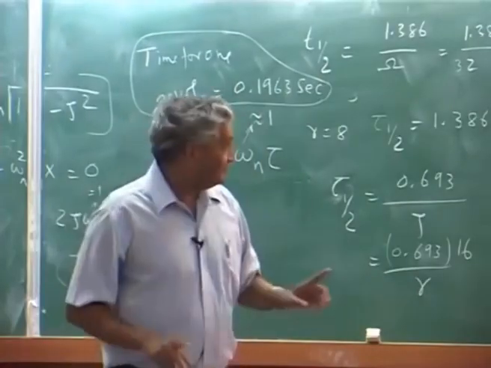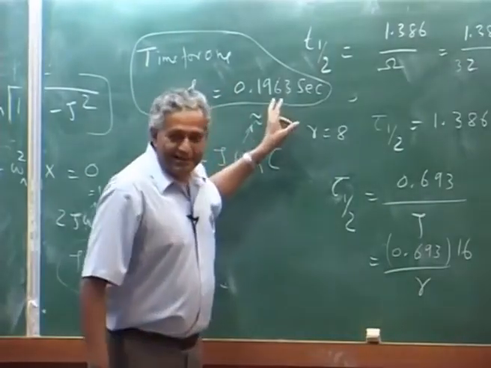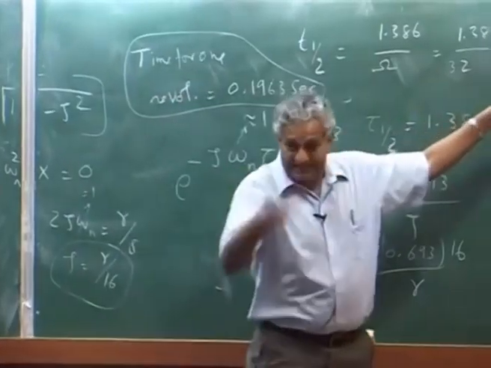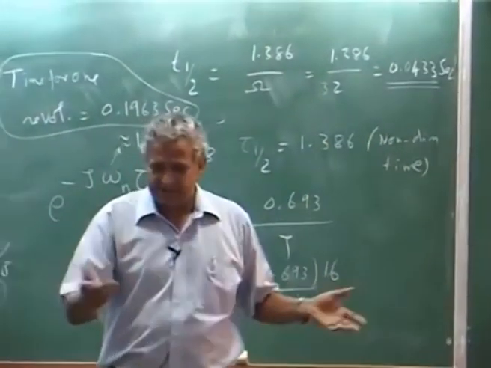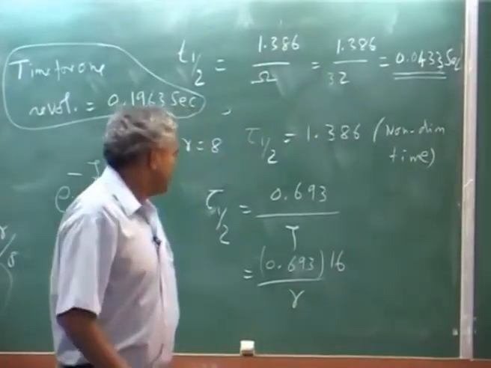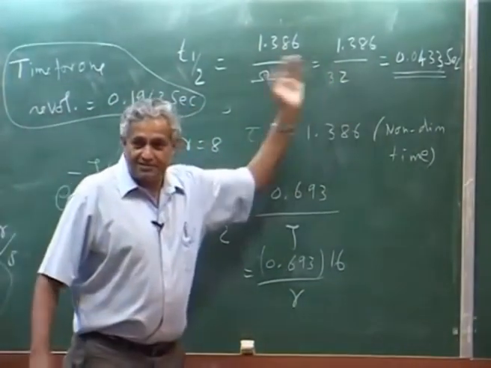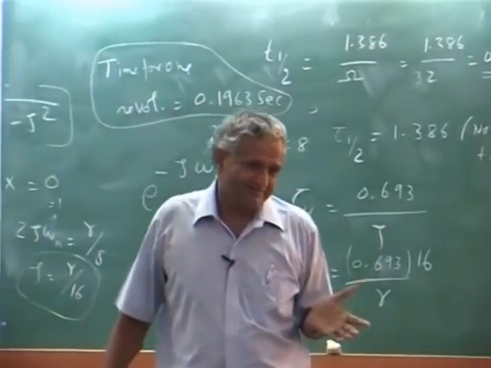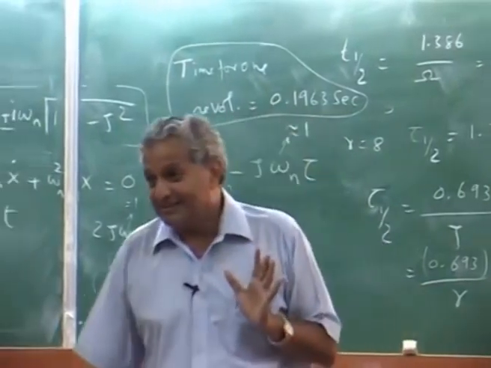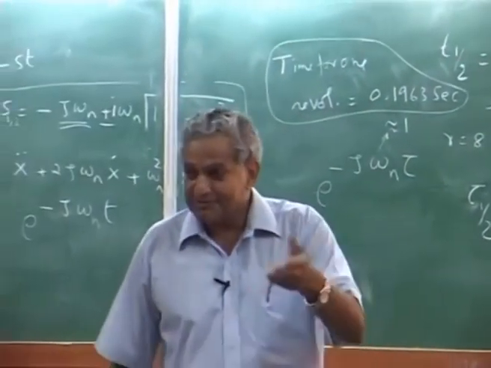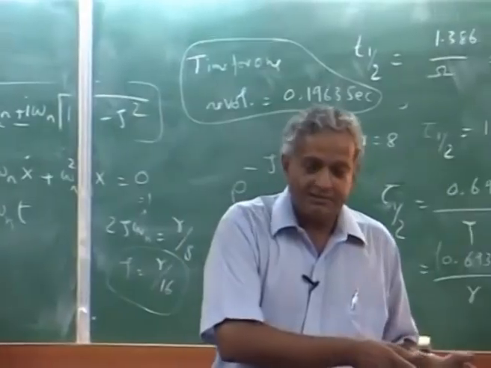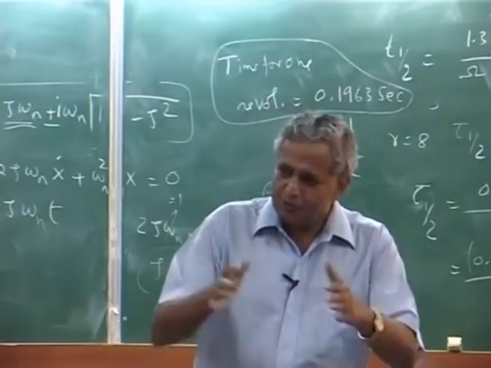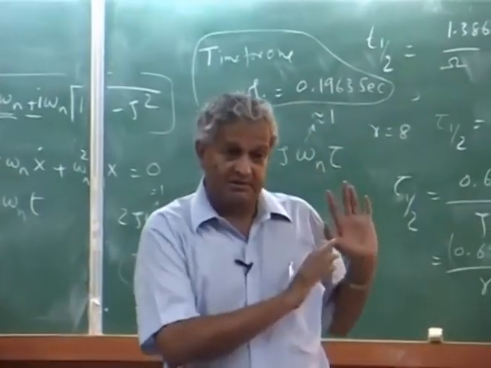In one revolution it takes about 0.2 seconds, whereas the flap decay time constant comes to that small value 0.04, which is about 20% of this. It means it responds very quickly. This is the beauty of the flap, and this number is the one which makes further analysis simpler, and you start analyzing flight dynamics based on this.